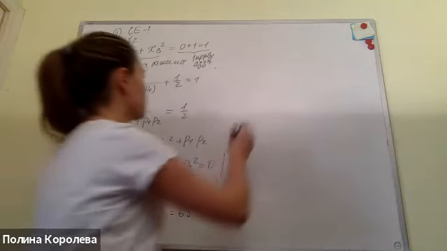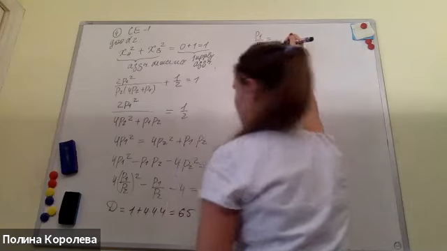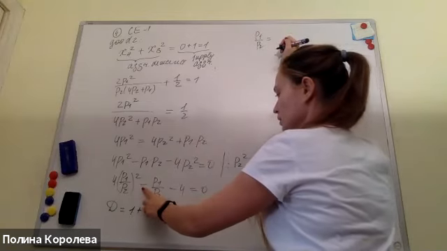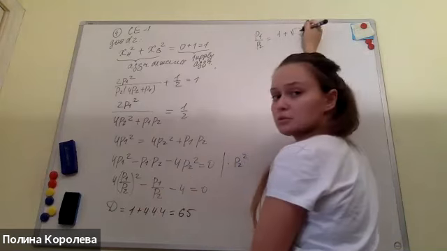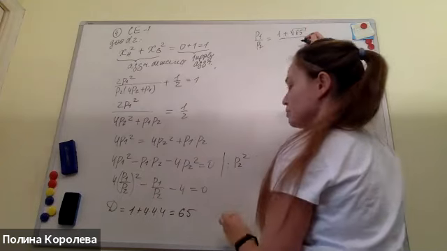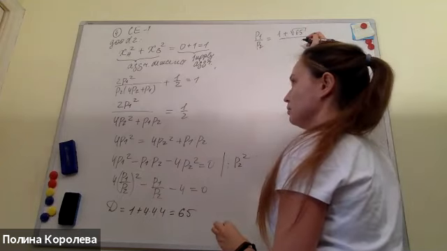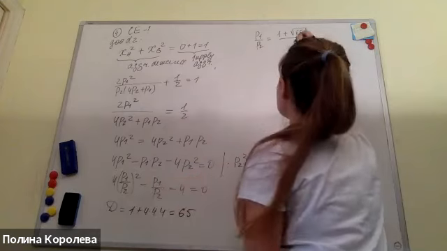And let's find the price ratio. The first root, P1 divided by P2, will be equal to minus b, this is 1, plus the square root of 65, divided by 2a, this is 8.